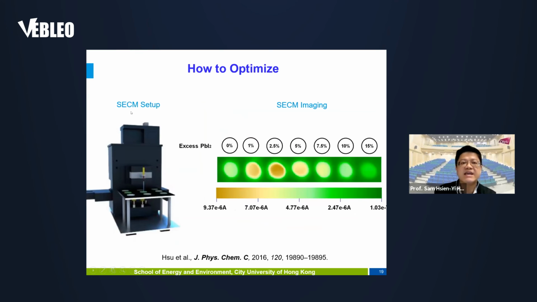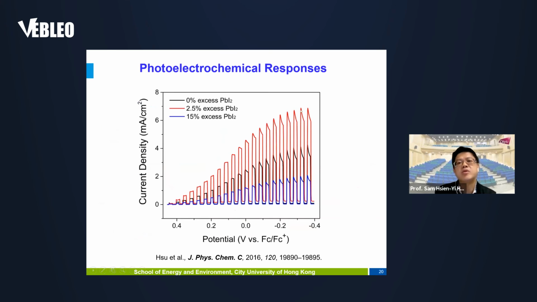We used the scanning electrochemical microscope, and after this rapid, efficient scan, we confirmed that 2.5% excess lead iodide shows the highest photoelectrochemical response.